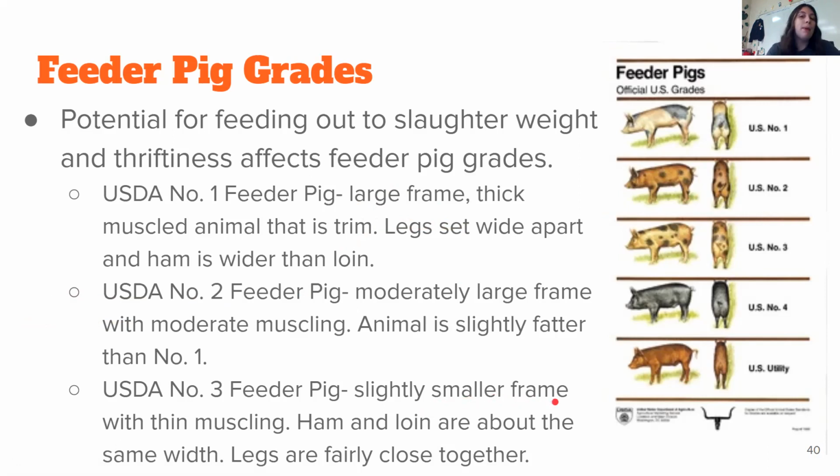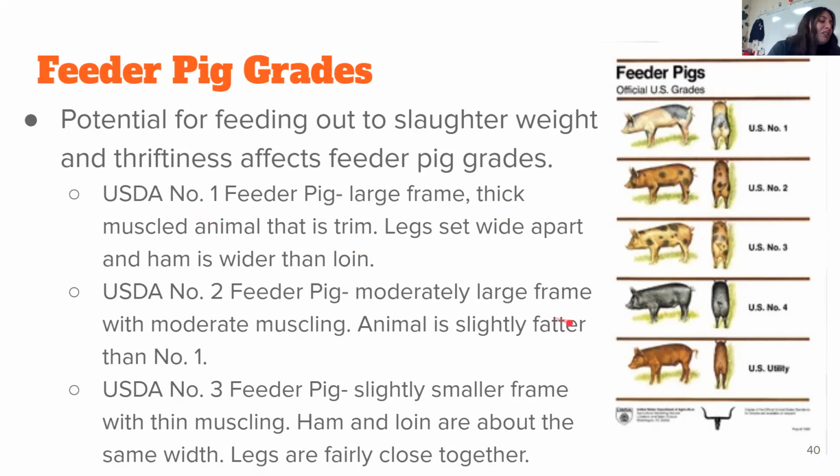Outside of looking at their body size, which lets us know how much meat they're going to have, we also look at how much muscle they have, because we like our pork lean. We don't want a whole lot of fat. So we like to look for pigs that have good muscle to them. If we have a pig that has really good thick muscle and a large frame, then we're going to say that they're a number 1.